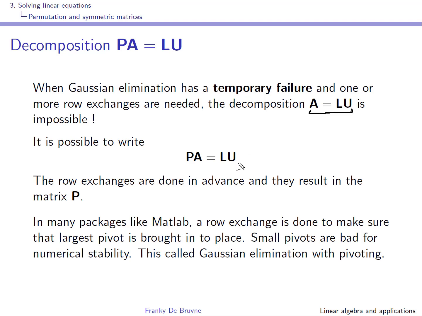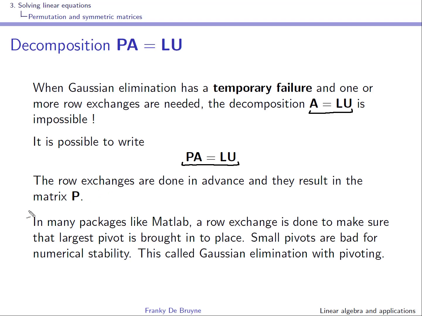So what you can write instead is something that is close: P, which stands for the permutations that you have done, times A is equal to LU. You can see this as if you're doing the permutations up front, and you take the resulting matrix and you do an LU decomposition.